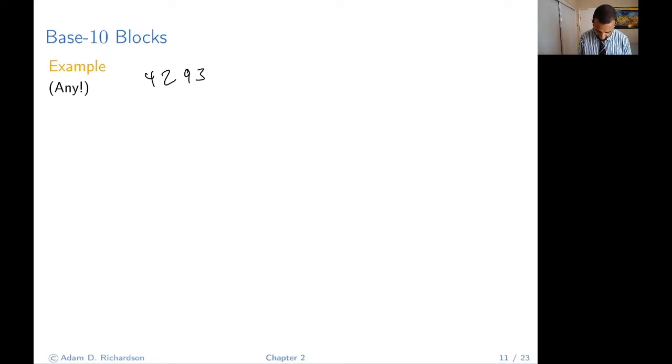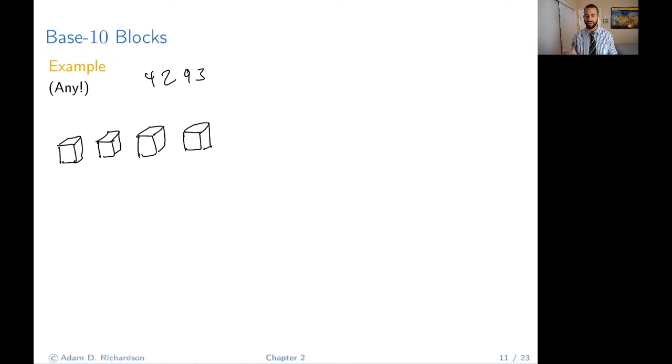Now, I'm going to need 4 of those cubes. I'm being a little hasty here just to save time, but you should draw these with a little less haste if you have the time. Each one of these represents 1,000, and this is going to be 4,000 right here. And then I need 2 hundreds.